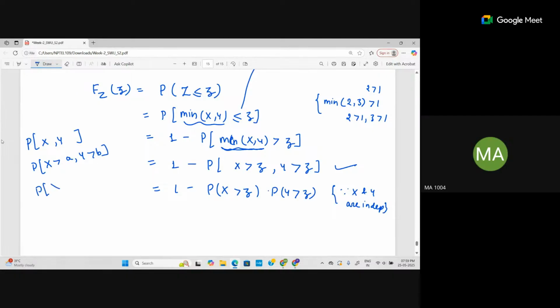Or you can write x is less than some value a and y is less than some value b. This is also a joint. And if you write x is equal to a and y is equal to b, this is also a joint PMF. Inside P, whichever two variables are separated by a comma, we can consider as a joint.